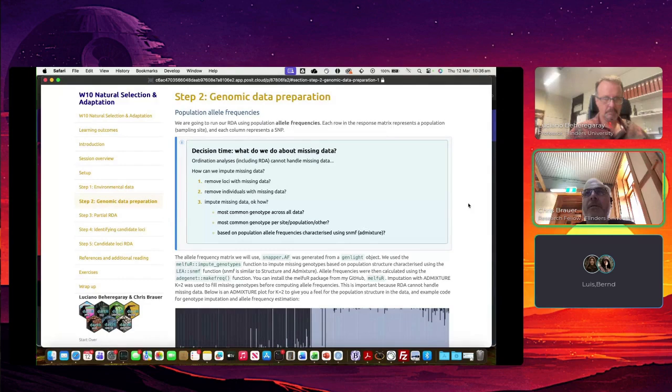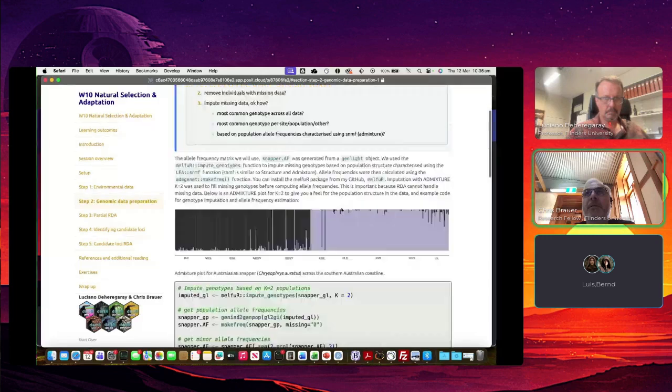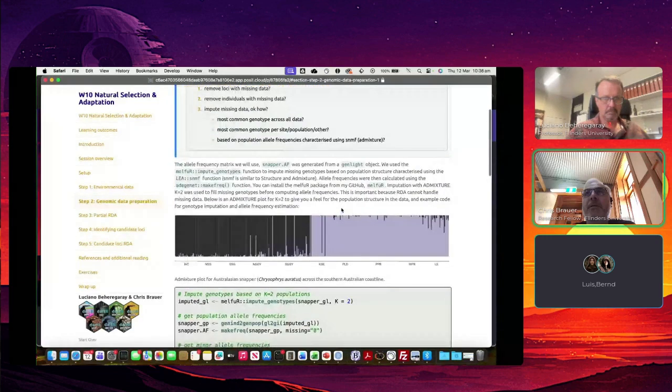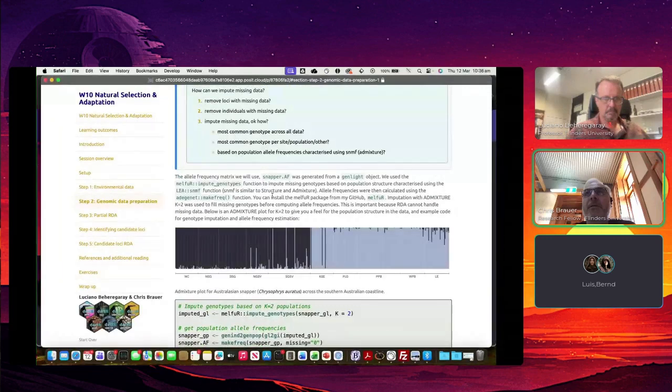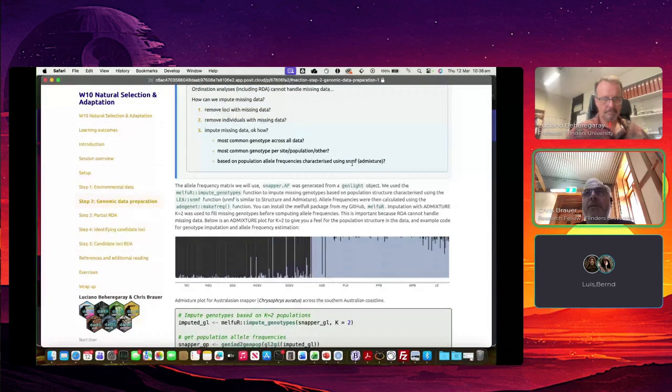If it's highly structured, you might say, okay, we're going to use the most common genotype within that particular subpopulation, which is, I think, often a pretty nice way to do it. And a variation on that, which we used here, is to run a structure or admixture type analysis. In this case, it was SNMF.